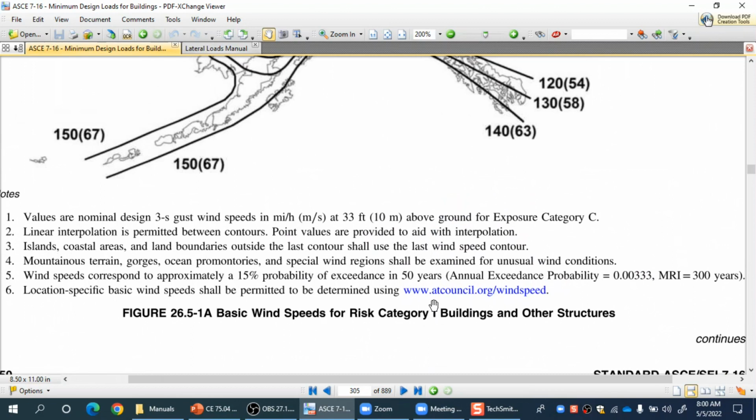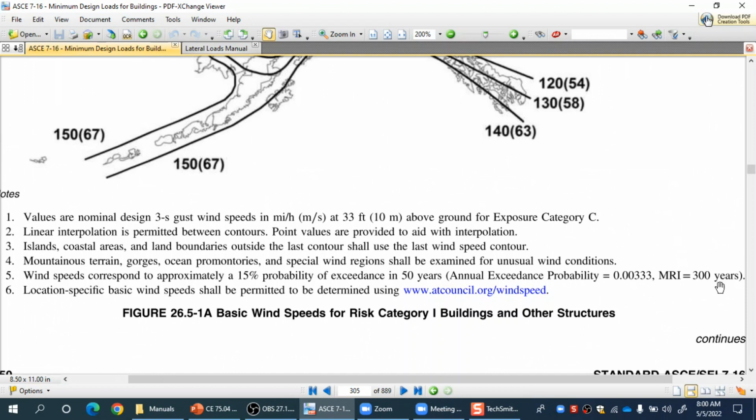You will see in the next figures that for risk category 2, this probability of exceedance will reduce, which means for buildings having a higher risk category, the hazard level which is set as the definition of design wind speed is also higher.